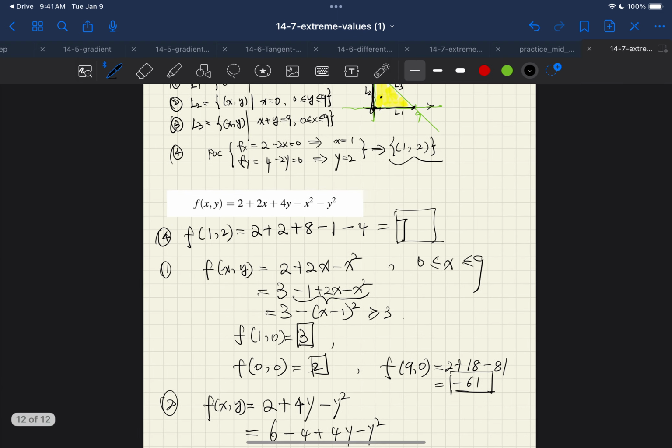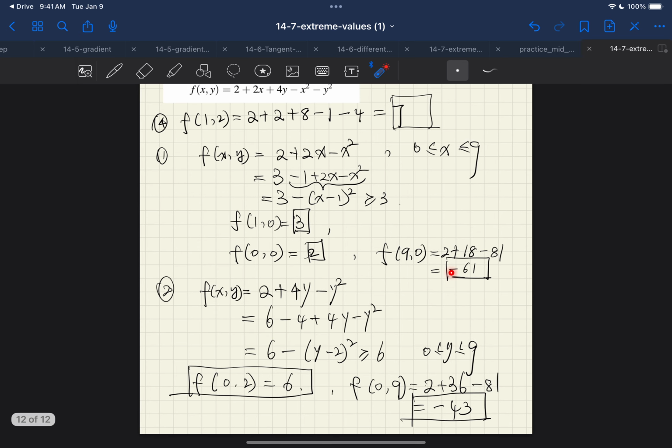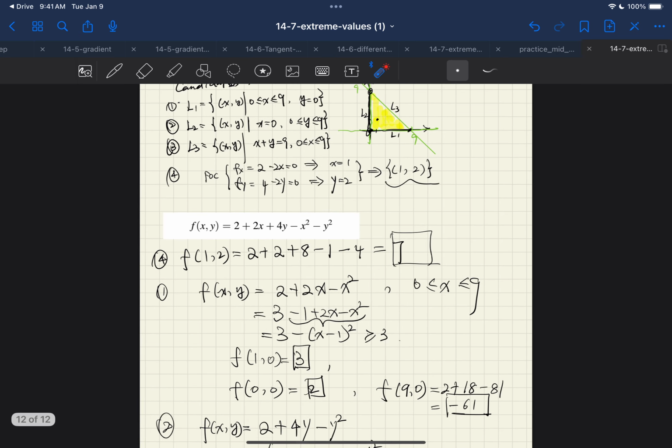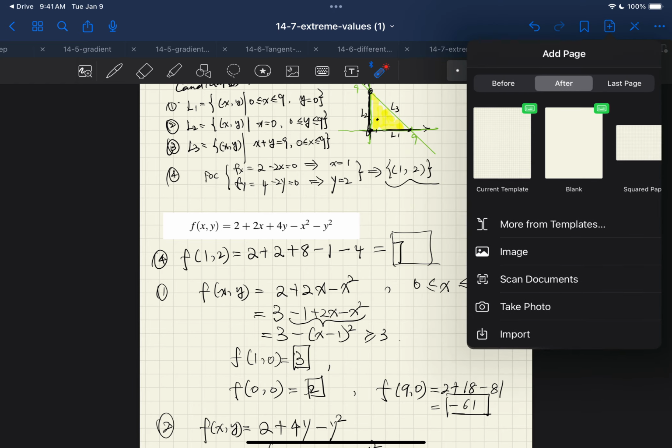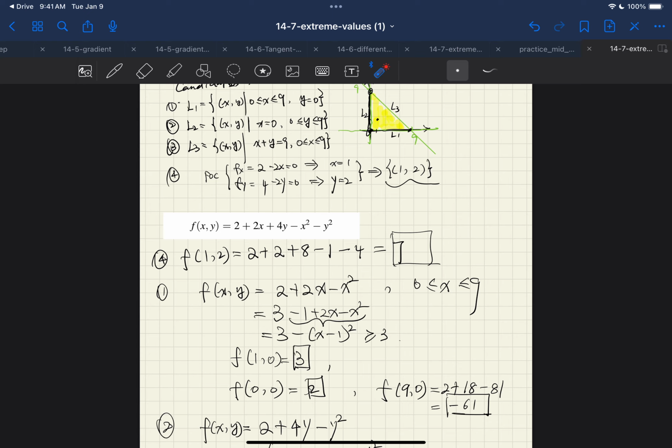And number 3. For number 3, we only need to look at the interior of L3. We don't need those corners because those corners are already calculated here and here. So for L3, this is x plus y equals 9, and x ranges from 0 to 9.